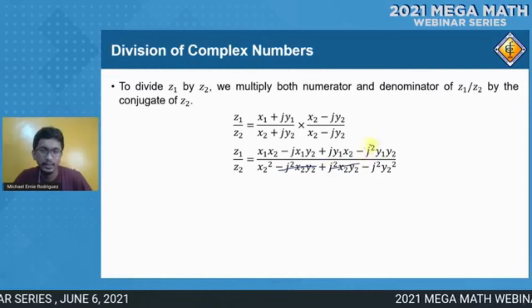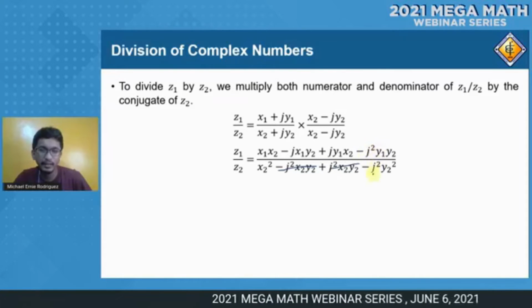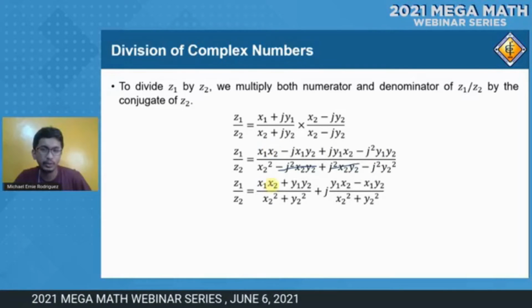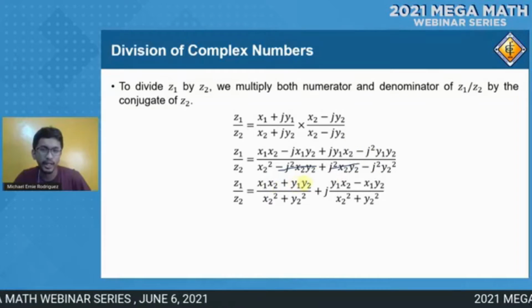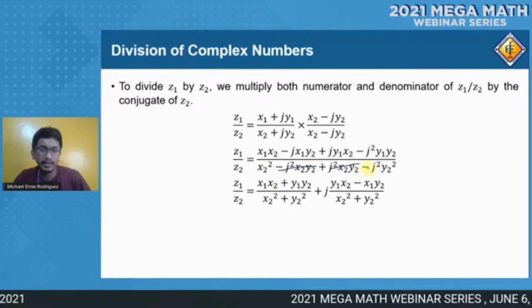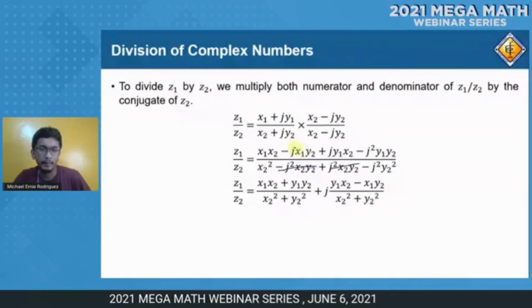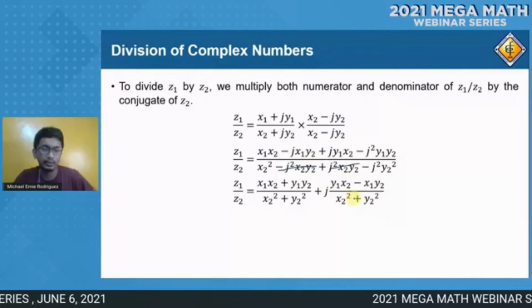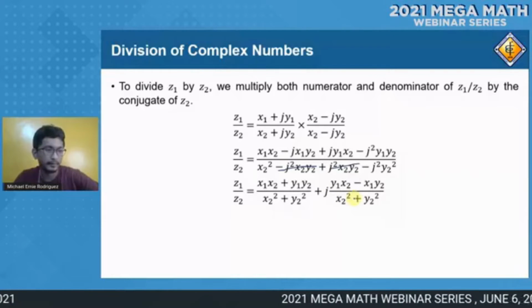And then we said J squared is negative 1, right? So this will now become X1X2 plus Y1Y2 over X2 squared plus, this becomes positive, Y2 squared, plus J times Y1X2 minus X1Y2 over X2 squared plus Y2 squared. Okay?